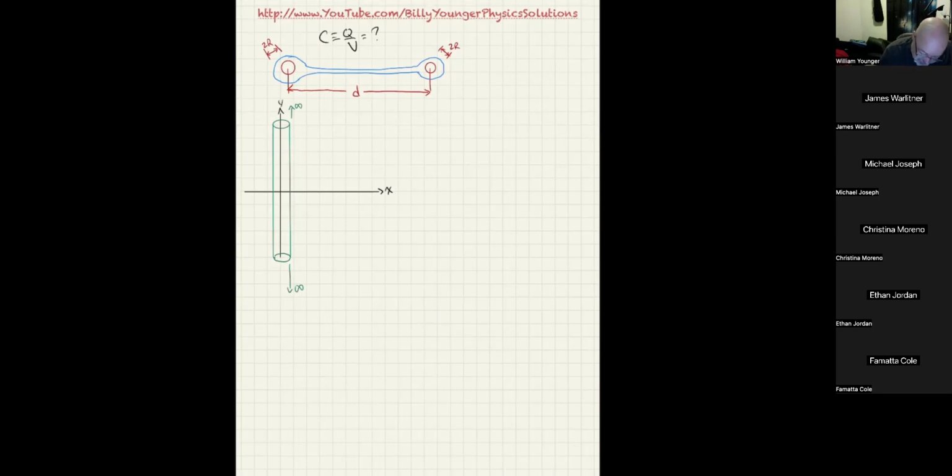So in this scenario, here's my solution. First off, I'm going to make a hypothesis that E is equal to some E of r in the r hat direction, and this is cylindrical.